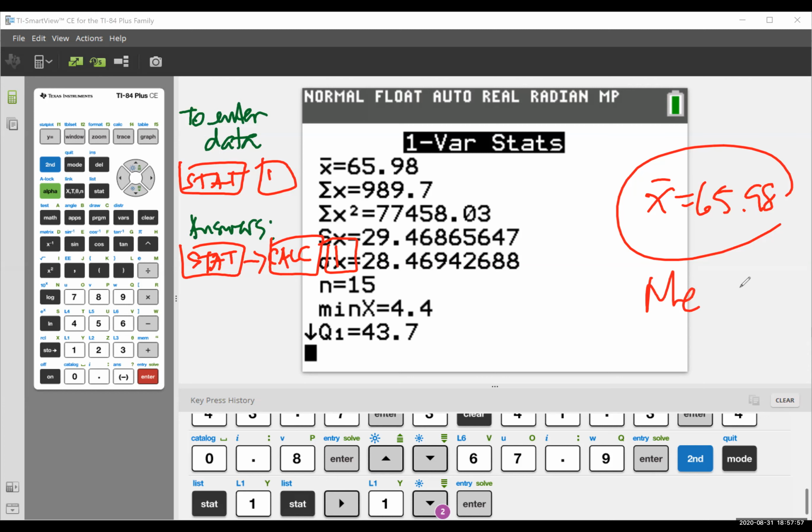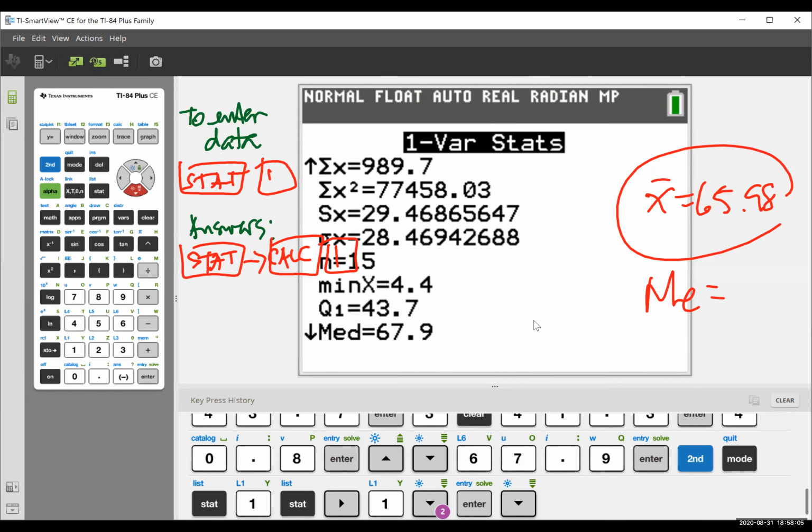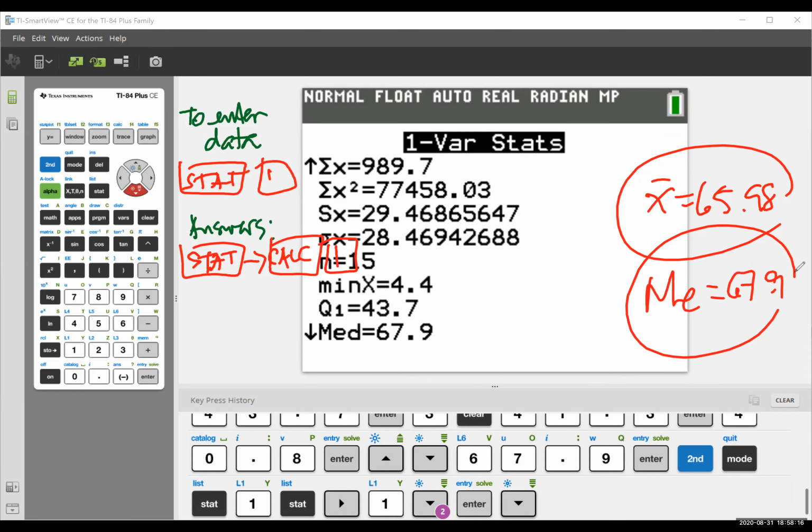And the median, you just have to scroll down and look for MED. In the calculator, it says MD. So just copy that. It's going to be 67.9. Okay, that's how you get the mean and the median using a graphing calculator.